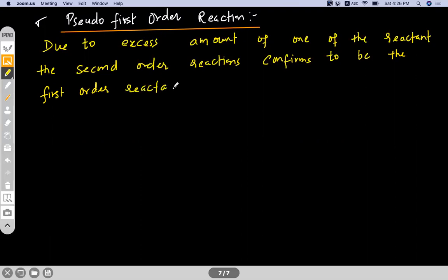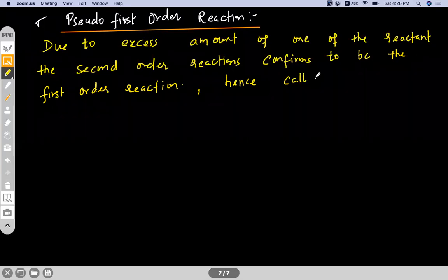This is due to the presence of excess amount. This type of reaction is called pseudo order reaction, hence called pseudo first order reaction.